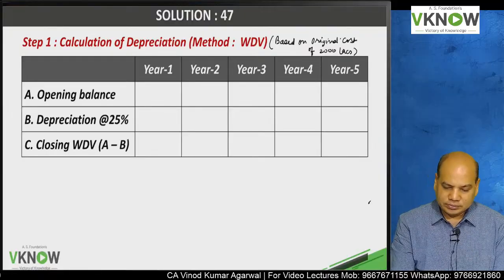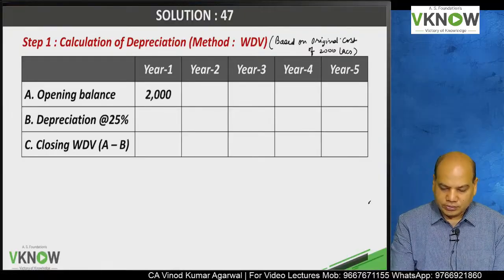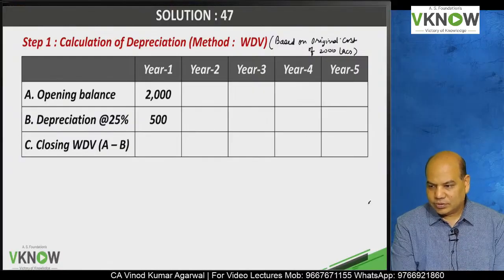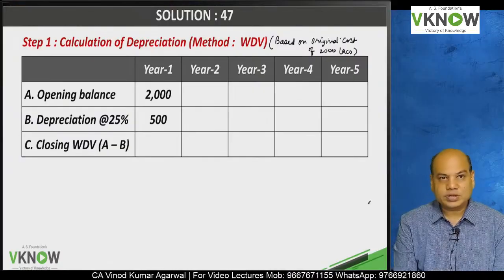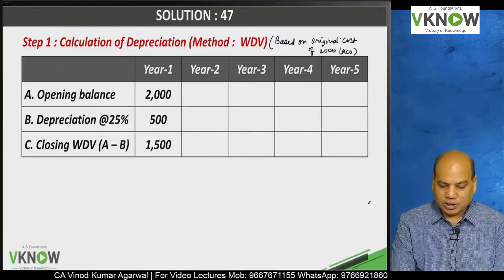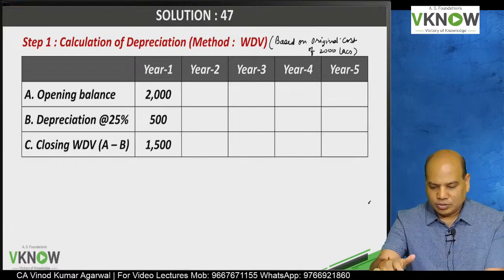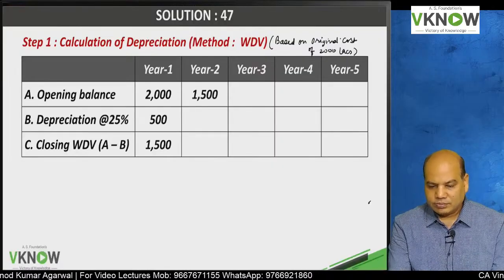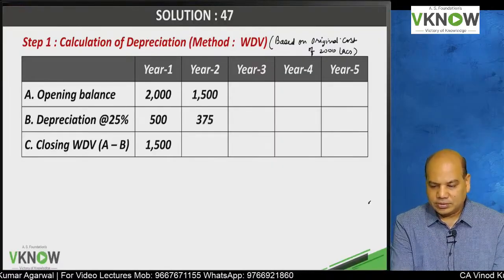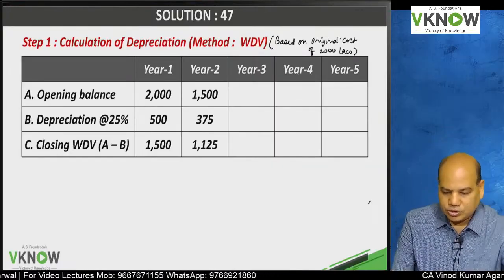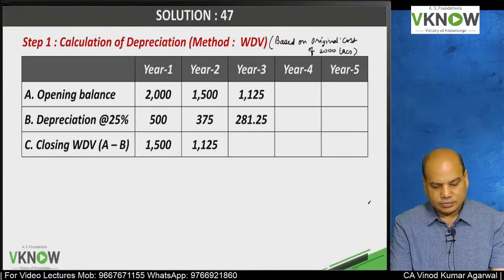Opening balance is 2000. Depreciation at 25%, 500. Therefore, closing balance 1500. Next, opening balance 1500, depreciation 375, closing balance 1125.